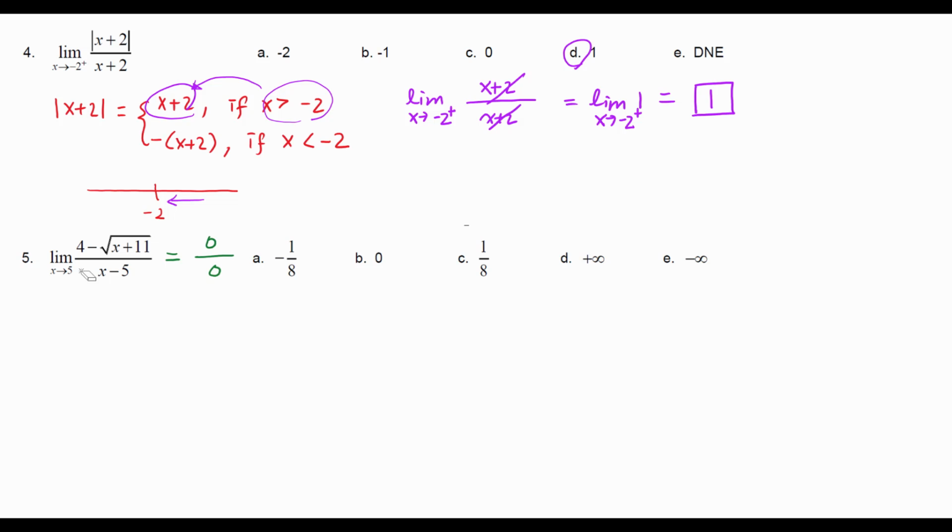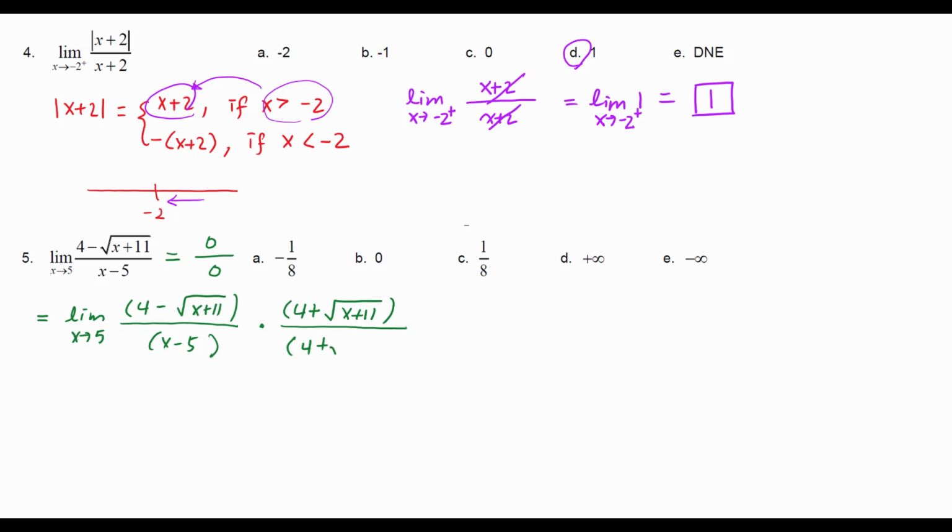So let's go ahead and rationalize the numerator to see if we could do the direct substitution for x equal 5 afterwards. So then this is equal to limit as x approaches 5. I'm going to multiply 4 minus the square root of x plus 11 over x minus 5 by the conjugate of the numerator, which means I would like to multiply 4 plus the square root of quantity x plus 11, both the numerator and the denominator.